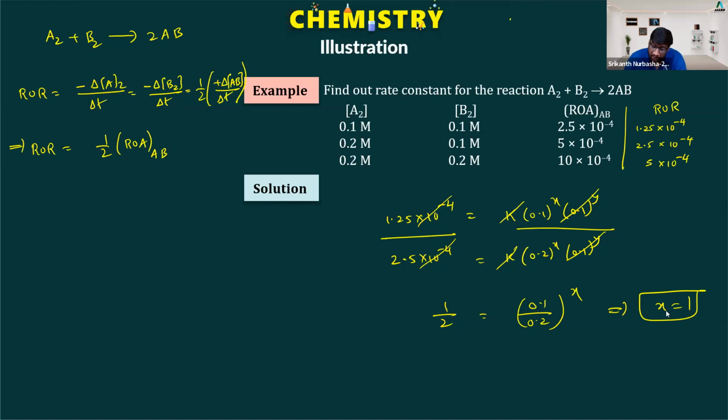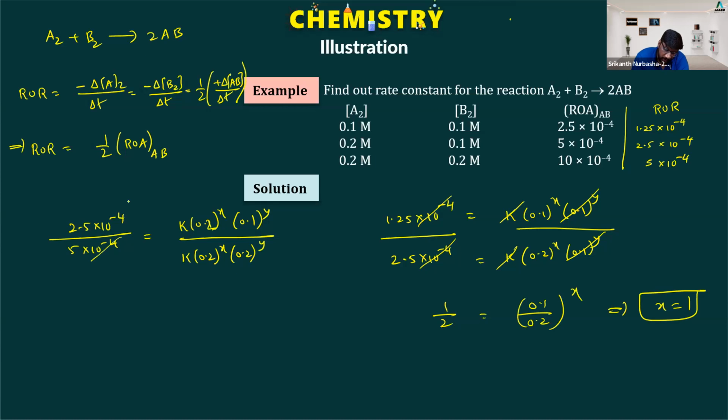Now I take the next two, experiments 2 and 3. 2.5 into 10 power minus 4 divided by 5 into 10 power minus 4 is equal to K into 0.2 power X into 0.1 power Y, whole divided by K into 0.2 power X into 0.2 power Y. 10 power minus 4 cancels, K cancels, 0.2 power X cancels.